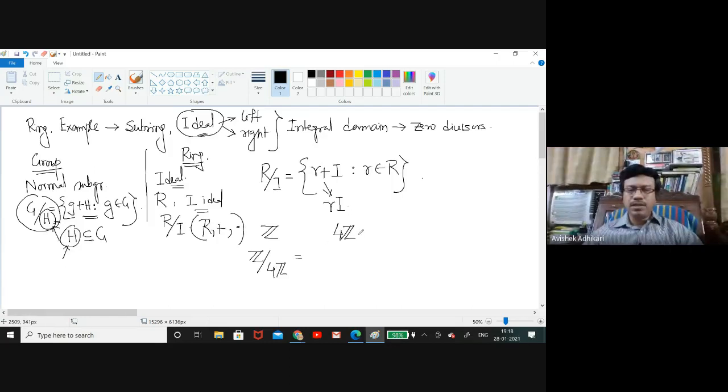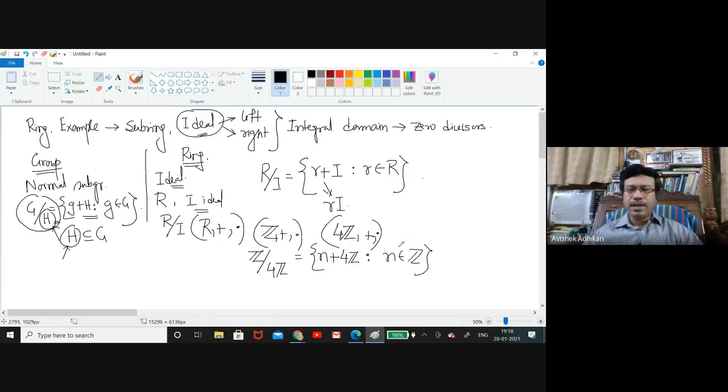Z plus is an additive group, and Z plus dot is a ring and 4Z plus dot is a subring. So how does this group look? It looks like this: you have all integers n plus 4Z such that n belongs to Z.